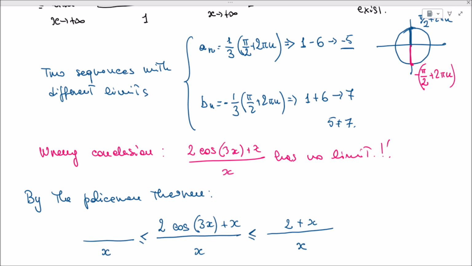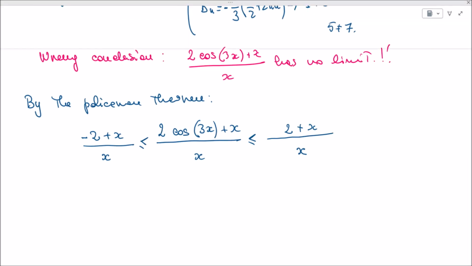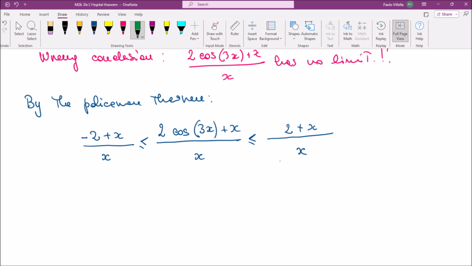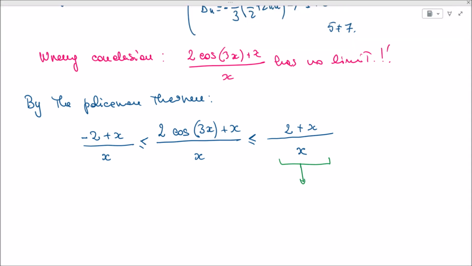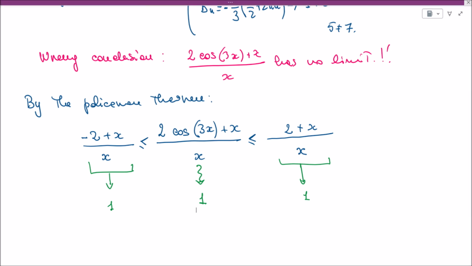So we will replace cosine of 3x with minus 1, so we have minus 2 plus x. But we clearly see that when x goes to plus infinity, this will go to 1, this will go to 1, and then by the policeman theorem we see that this function indeed has a limit of 1. So this proves that we were not in the condition to apply the L'Hopital theorem.